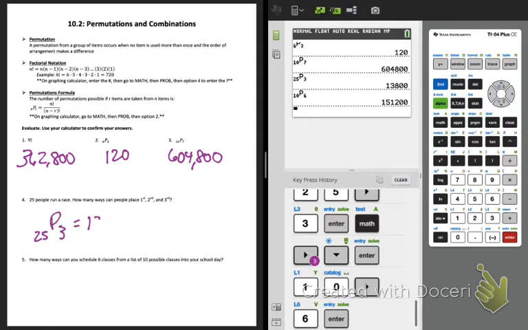You can certainly use the formula if you'd like, but ultimately, the biggest thing you need to make sure of, especially if you have to do a word problem like this, which on your assignment you're going to have to do one or two of, is you need to know what makes a permutation and how to have the correct notation for it. So if you want to jot those down, just so you have it handy, hit the pause button here and go ahead.